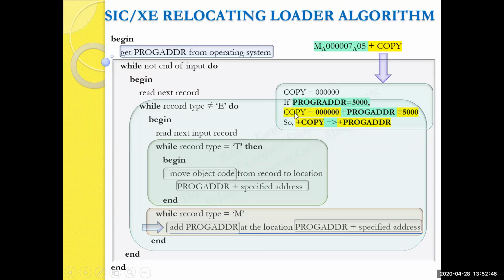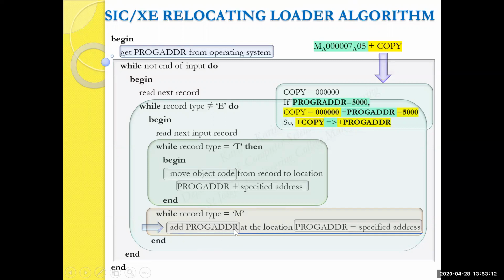So the actual value for COPY is relative address plus the program address, which is 0 plus 5000, which is equal to program address. So adding COPY is the same as adding program address. You may see that in the algorithm they have specified program address, not the name of the program.